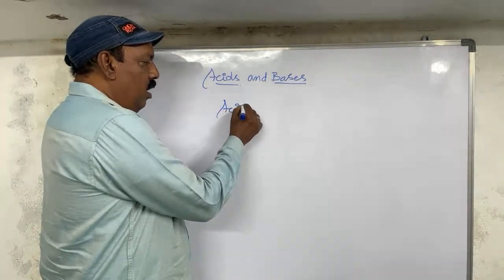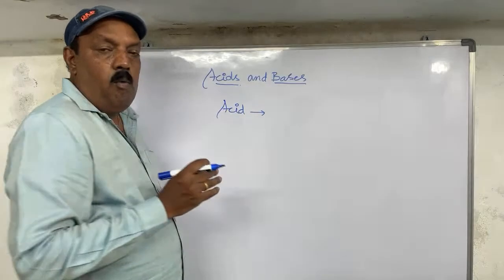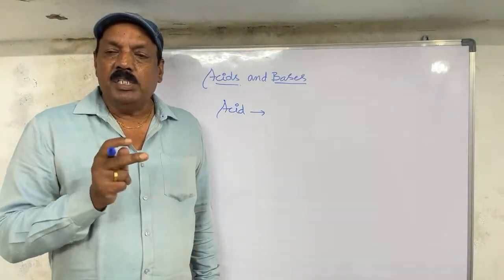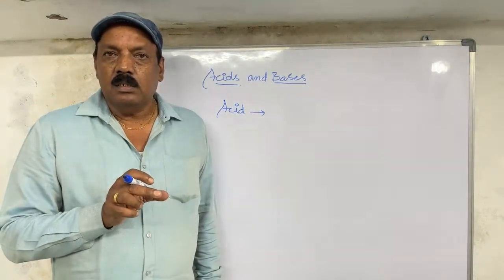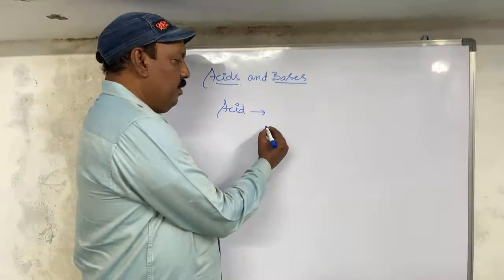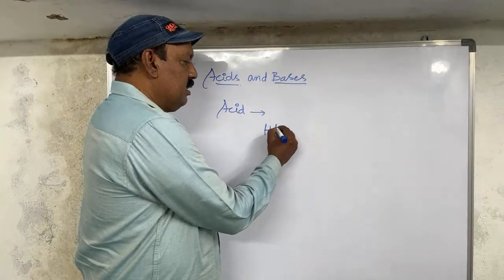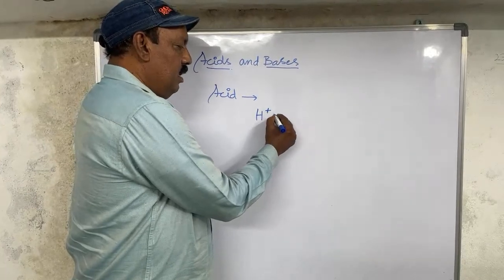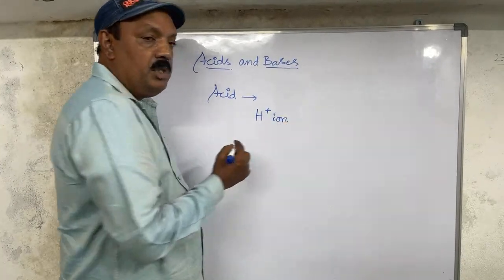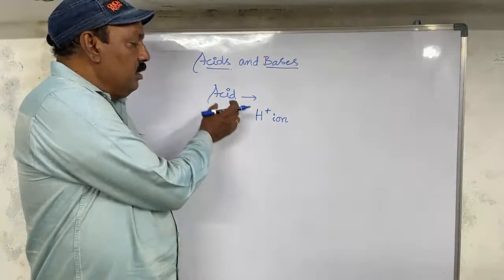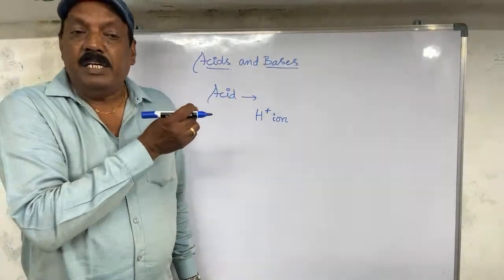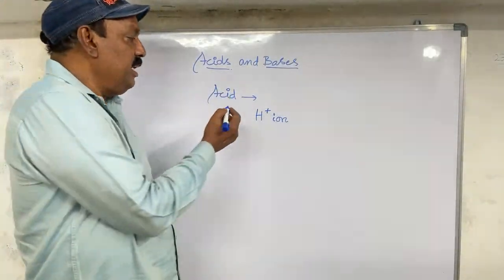An acid is a substance which, dissolved in water, releases H plus ions. H plus ions we call hydrogen ions. Whenever a substance releases hydrogen ions, that is called an acid.